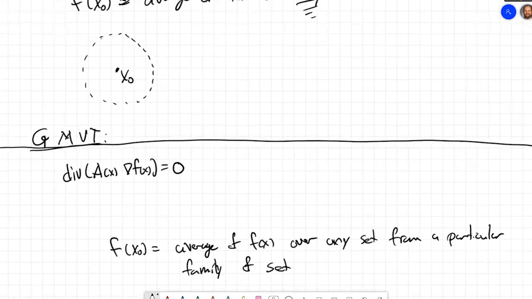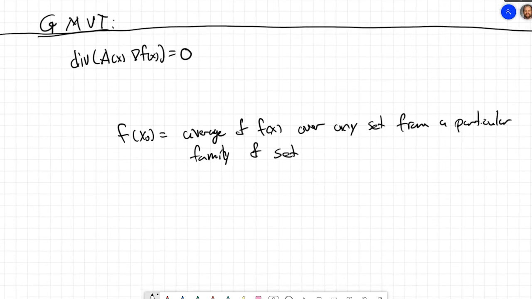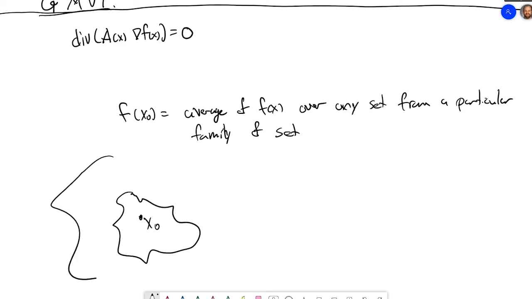Okay, so the stark contrast here is, before I said the average of f of x over any ball centered at x naught. It was very specific. And here, the average is taken over some set. Right? And so what we have here is this x naught, and the average is taken over some set here. And maybe if you want the set to be bigger, maybe it looks wildly different.